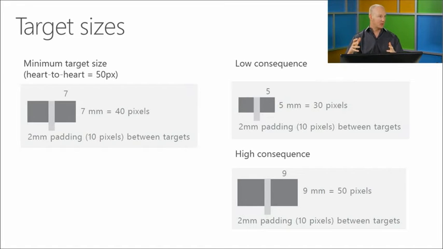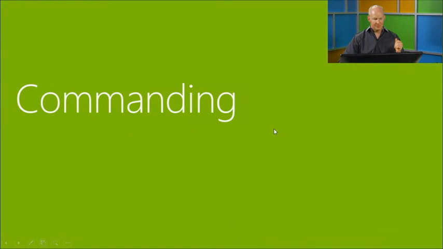If it's a high consequence thing, like transferring a bulk of money, are you sure? Like completing a bank transfer or something like that. Yeah, exactly. The bank example. Maybe you want to tune up the size and make sure that when people hit that target, they really intended to hit that target, right? So again, it's thinking about scenarios, and these guidelines are just a good place to start.